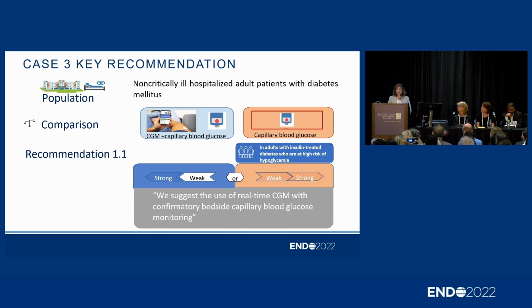This was a weak recommendation basically because of the quality of the data, in addition to what we could derive from the point statistics that you saw as far as how much the benefit was, the quantity of the benefit essentially.